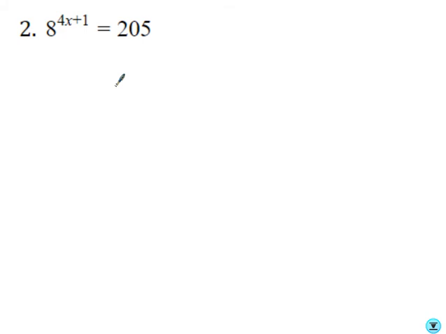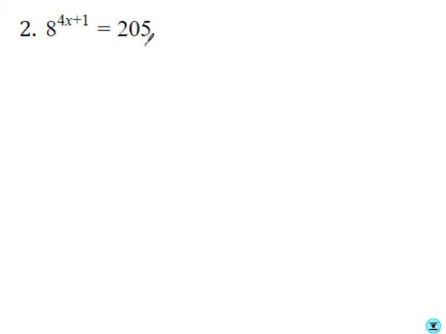Number 2, 8 to the power of 4x plus 1 is equal to 205. There's nothing that I can take a power of 8 to give me 205. And even if we break it down, 2 to the power of something does not give me 205 either.